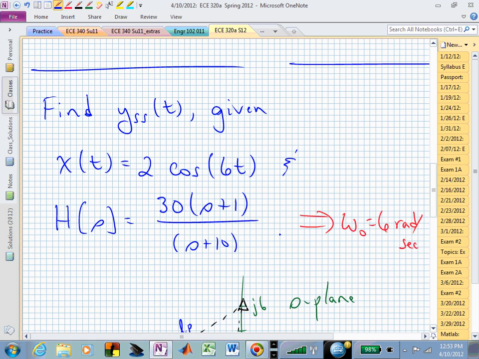You could find that by Laplace transforming x of t to get capital X of s, which is pretty easy to do, I hope, by this point. What is that? That's the Laplace transform of a cosine, I hope.